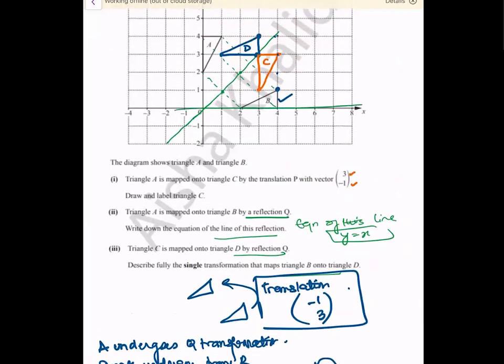Reflecting in this line, this is what you get. So this is called E.